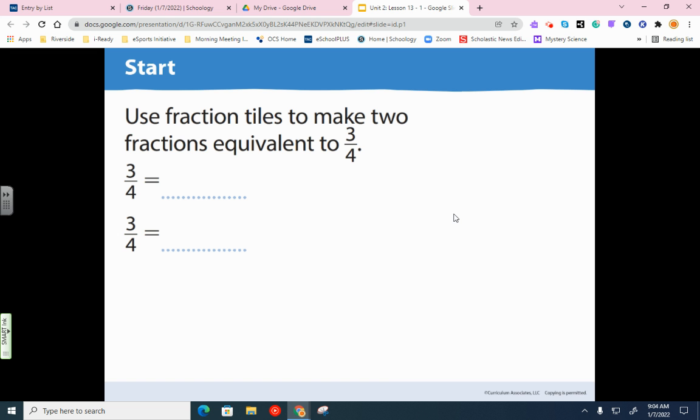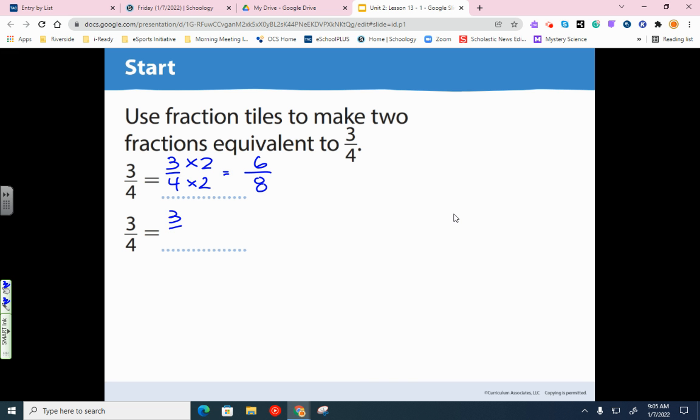So for example, we're not using fraction tiles for this. We're just going to do this really simple. Any fraction you have, if you multiply the top and bottom numbers, let's for this case do times 2. This is going to create fractions like 6/8.